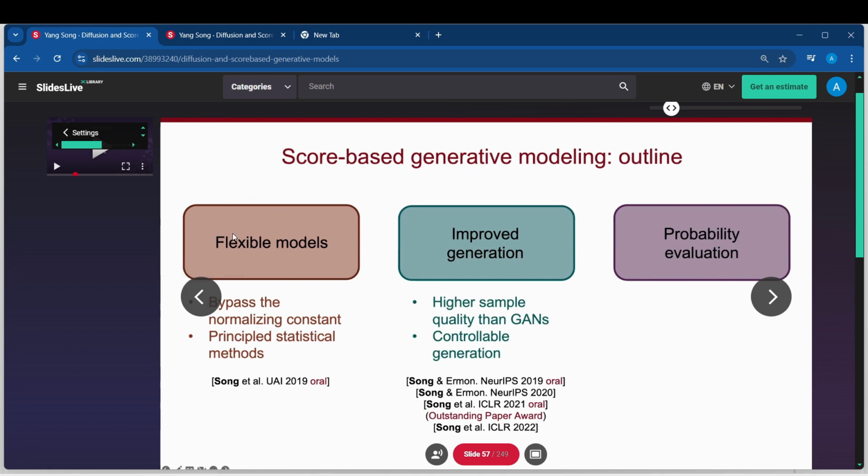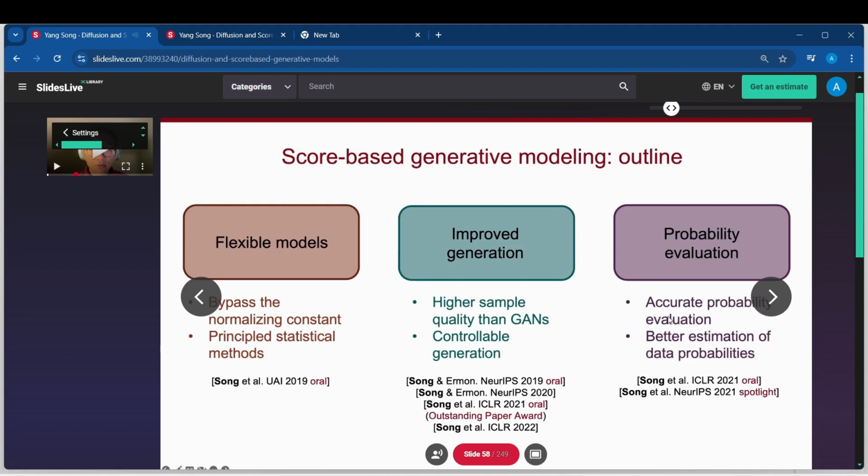He says that it allows flexible models, improved generation, controllable generation, and accurate probability evaluations. So with better estimation of data probability, we can just give some images and evaluate the probability.